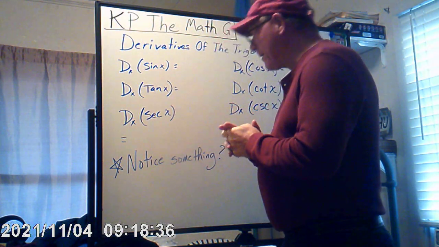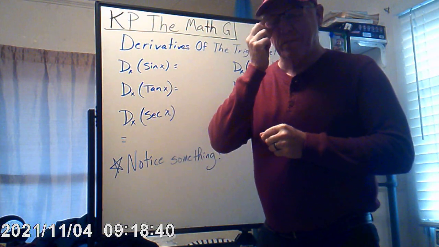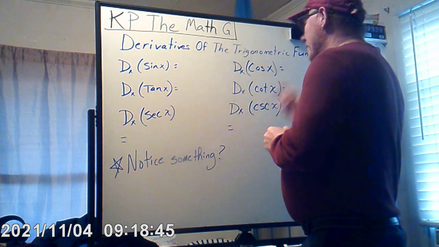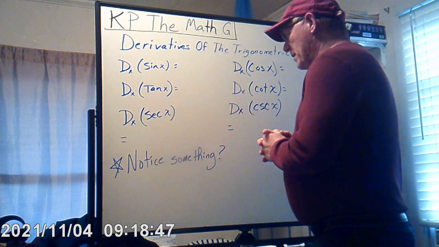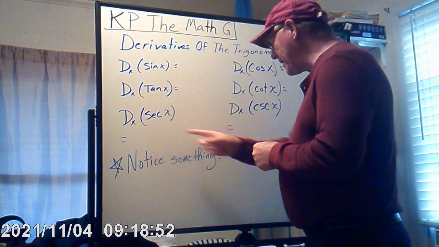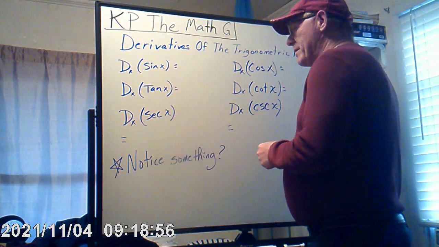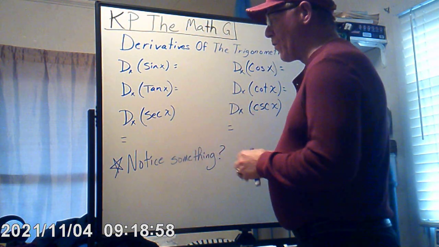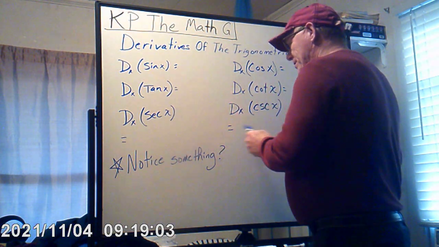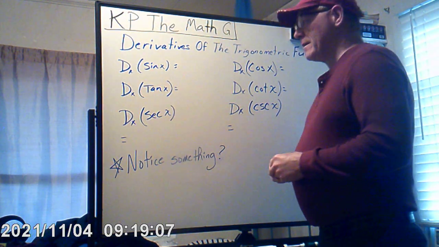We have been discussing derivatives for a little bit now. We're going to get into derivatives of the trigonometric functions. Well, we have sine, cosine, tangent, cotangent, secant, and cosecant. So let's take the derivative, and after we write these derivatives down, I want to show how to derive a couple of them.